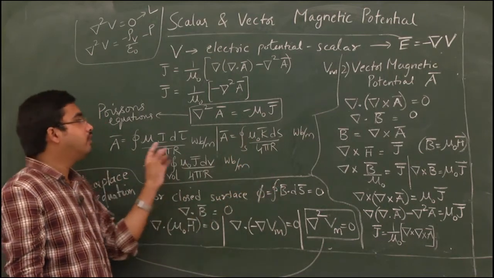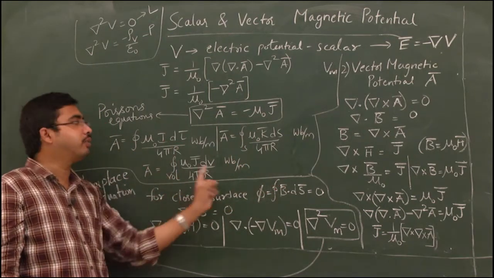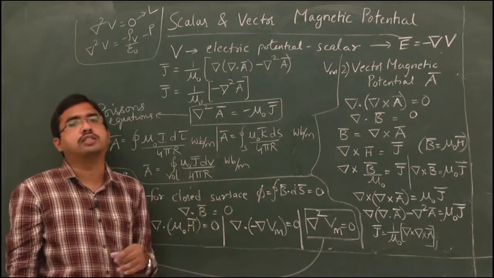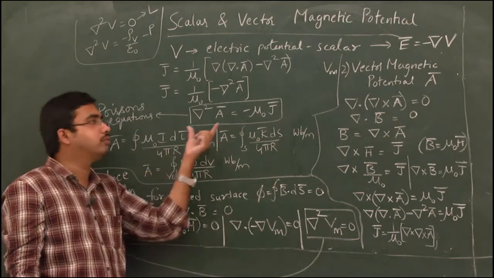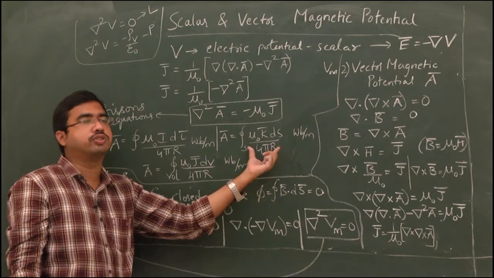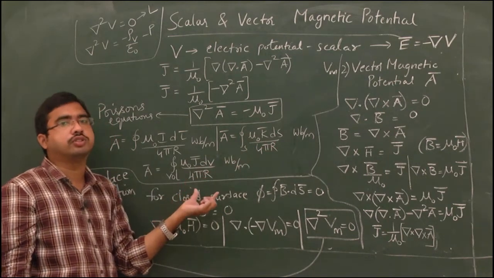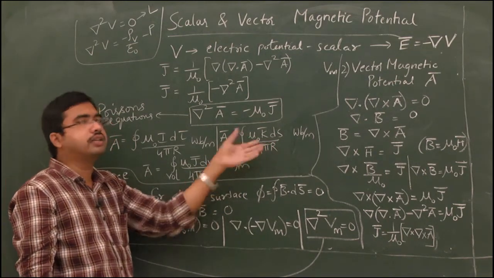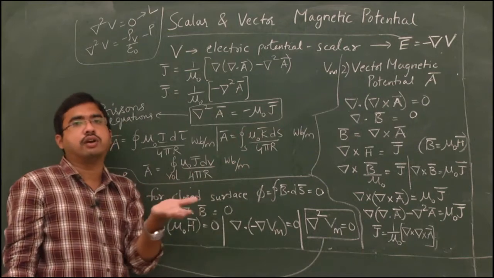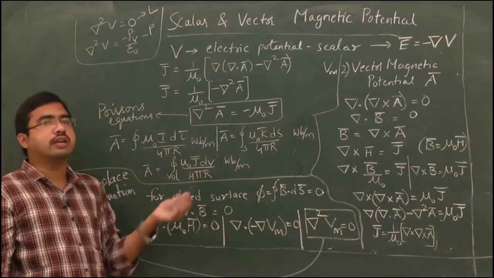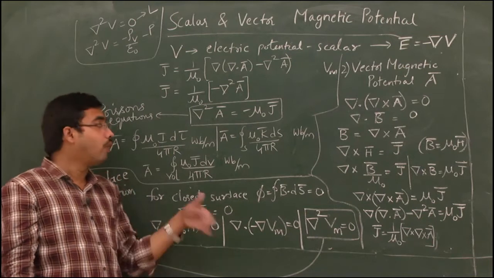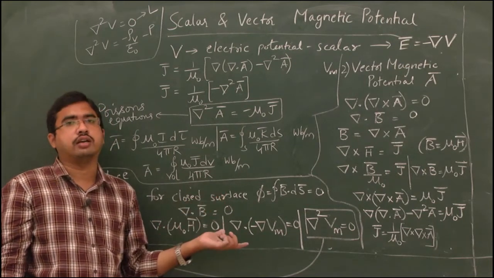That's why we are expressing the vector magnetic potential for line, surface, and volume charge distributions. This K bar is the current density for the surface, and J bar is the current density for the volume that you are considering.